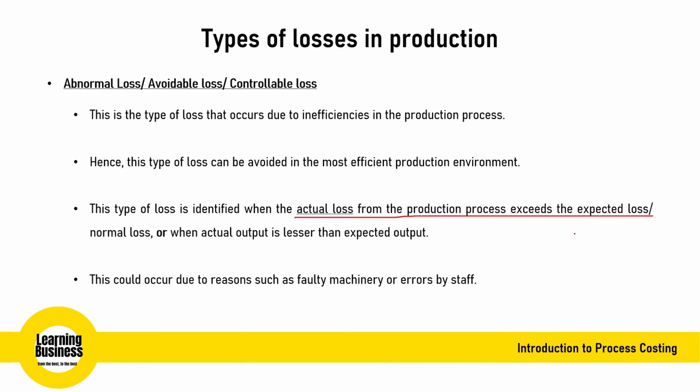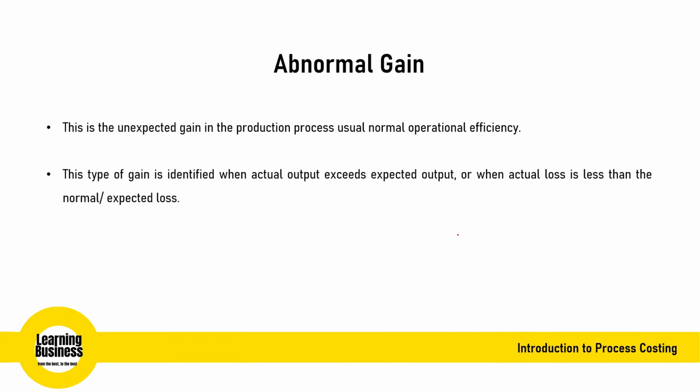We could either calculate it that way, or if the actual output is lesser than the expected output, that difference is also calculated to be the abnormal loss. In the next video, when we do the calculations, it will be clear for you all.